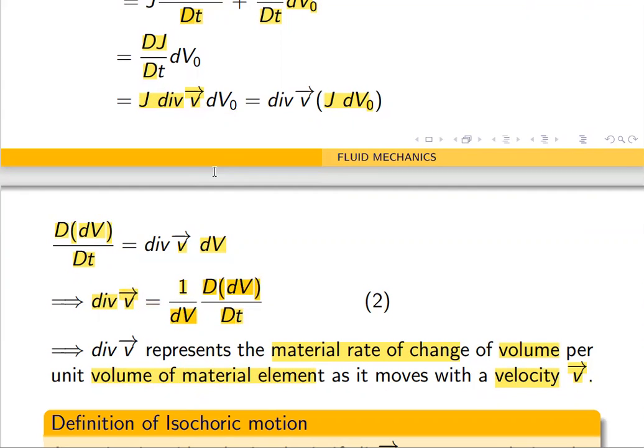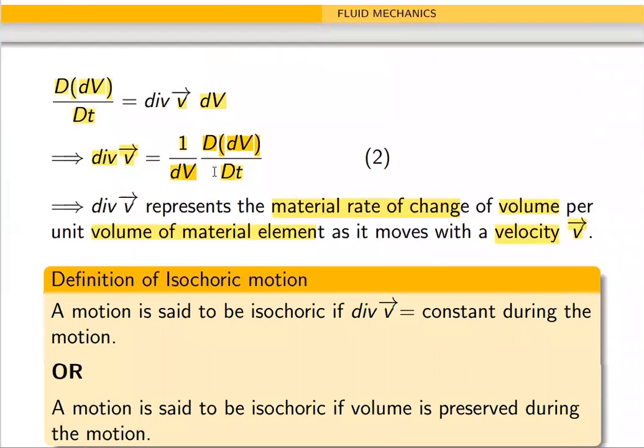Now let us see what is an isochoric motion. A motion of a continuum is said to be isochoric if the divergence of the velocity is zero during the motion. In other words, by using equation 2, divergence v is equivalent to this.